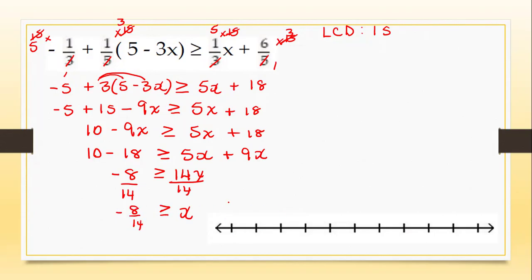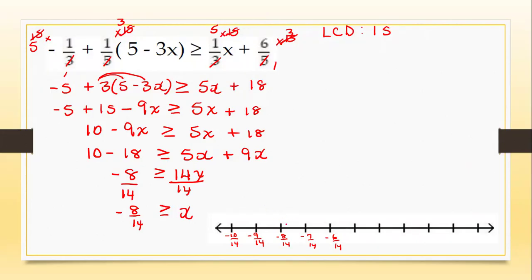Now I want to represent this on the number line. So I'm going to put in a few values. So I have negative 9 over 14, negative 8 over 14, negative 7 over 14. Now I want x is less than or equal to.